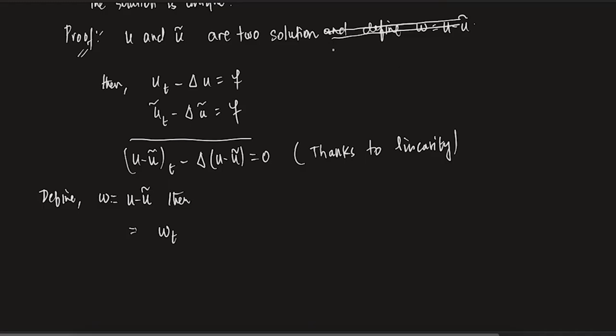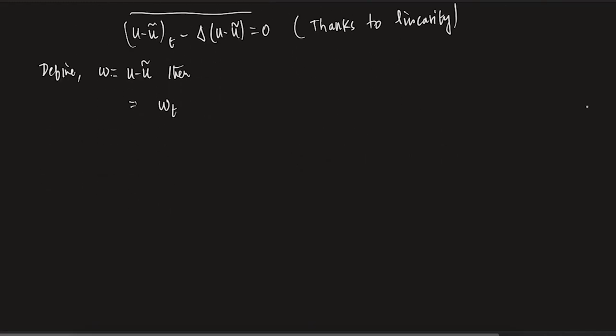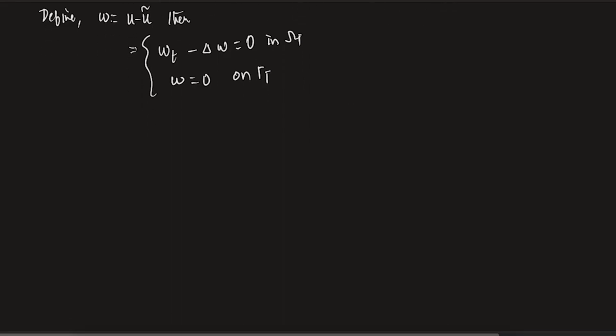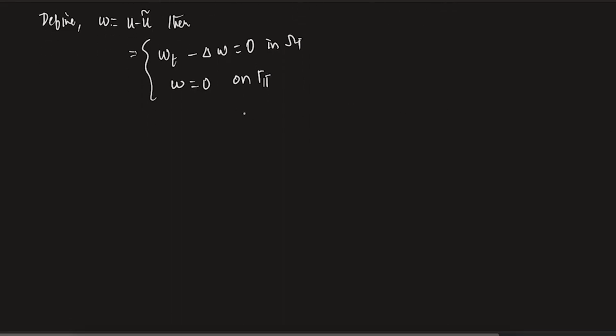So then w_t minus Laplacian of w equals 0 in Omega_T. And what about the parabolic boundary? In the parabolic boundary, w equals 0 on Gamma_T. Again, the same thing happens: g and g get cancelled out. So on the parabolic boundary, w is going to be 0.